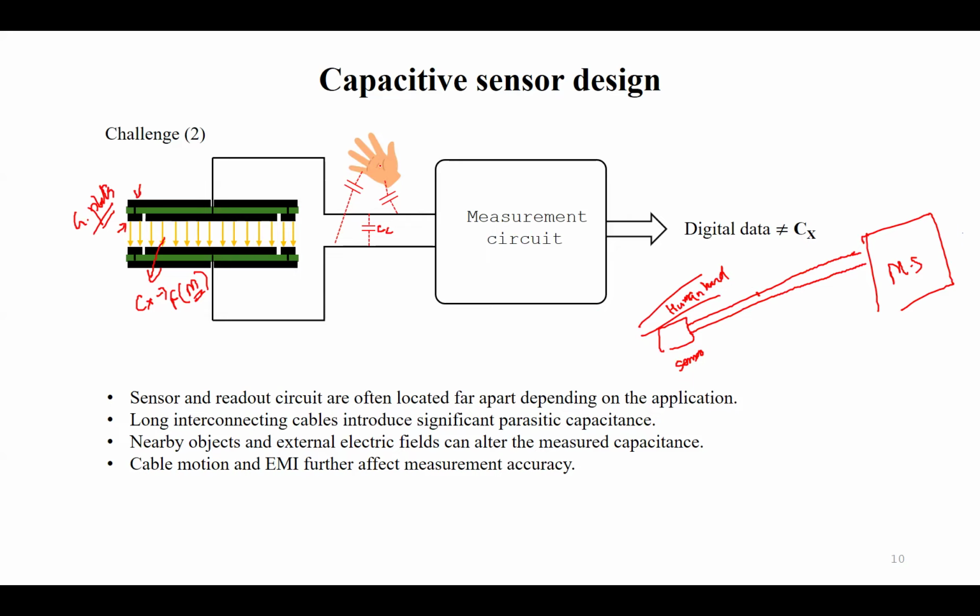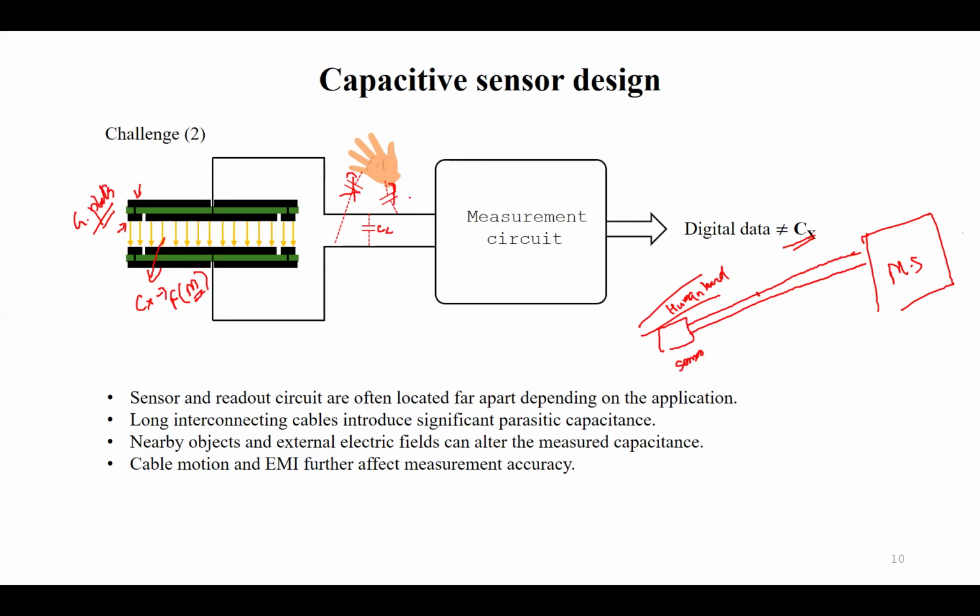Apart from that, whenever any object or human hand or anything comes near these wires, there will be a corresponding change in capacitance. So there will be some coupling capacitors here as shown, which will be added to this capacitance. So if I connect this sensor to a measurement circuit through a long cable, the output data, which should be proportional to CX, won't be equal to CX.